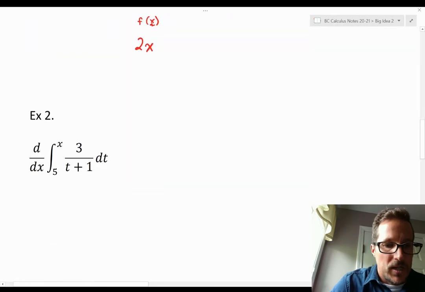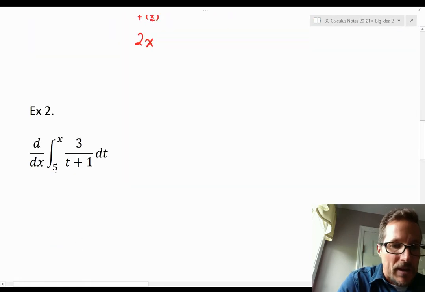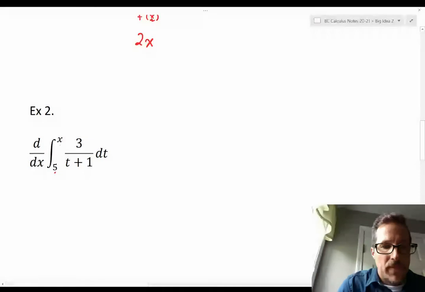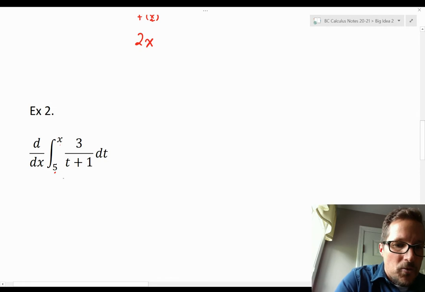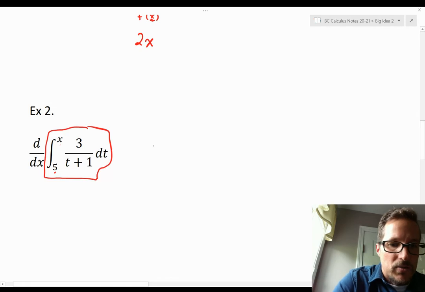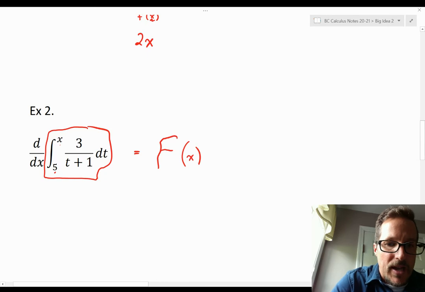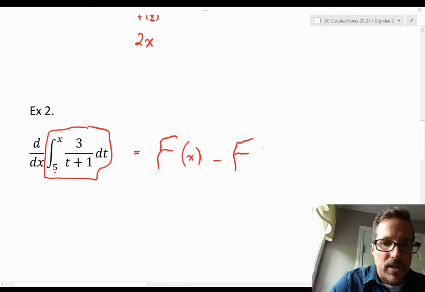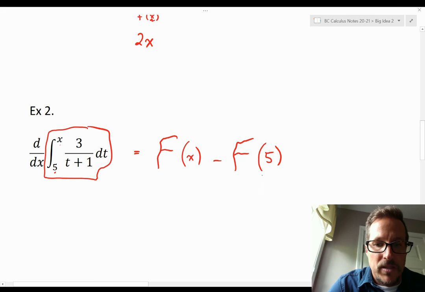Okay, so next one, we've got another function from a constant to x. So we can rewrite this integral as mysterious antiderivative at x minus mysterious antiderivative at 5, right? Knowing that the mysterious antiderivative at 5 is just a constant.